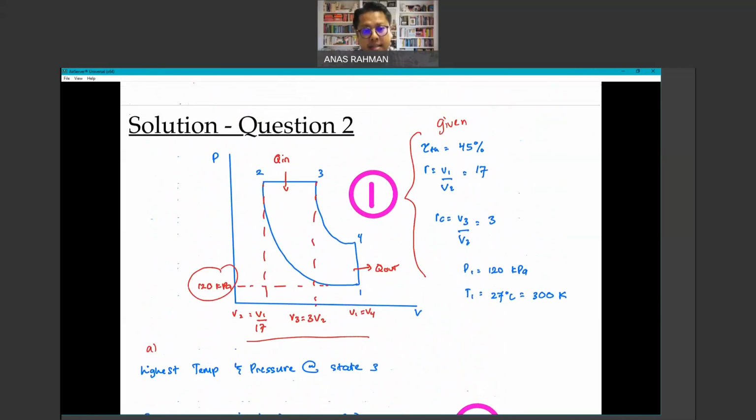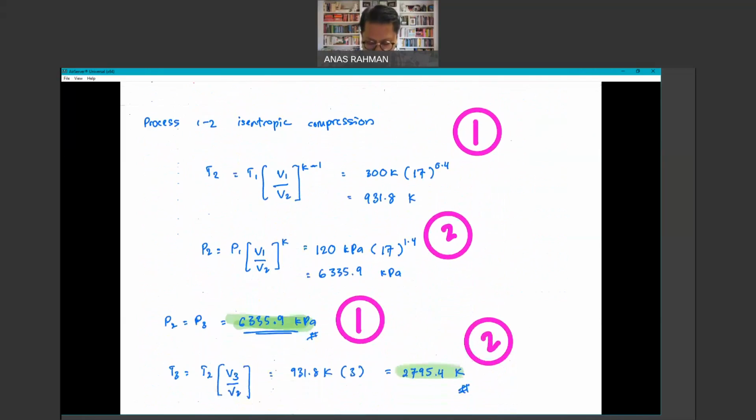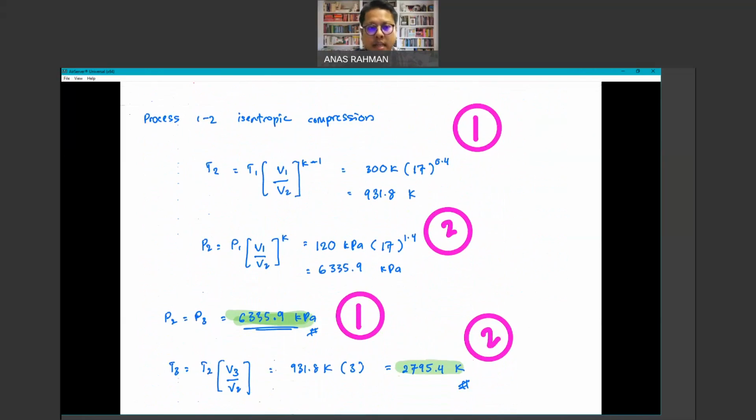The highest temperature and pressure in this case would be at state 3. Now we are using the approximate analysis, which is by using the isentropic equation. Remember, the equations are given in the appendix, so you don't have to memorize. To find T2, you get about 930 Kelvin.